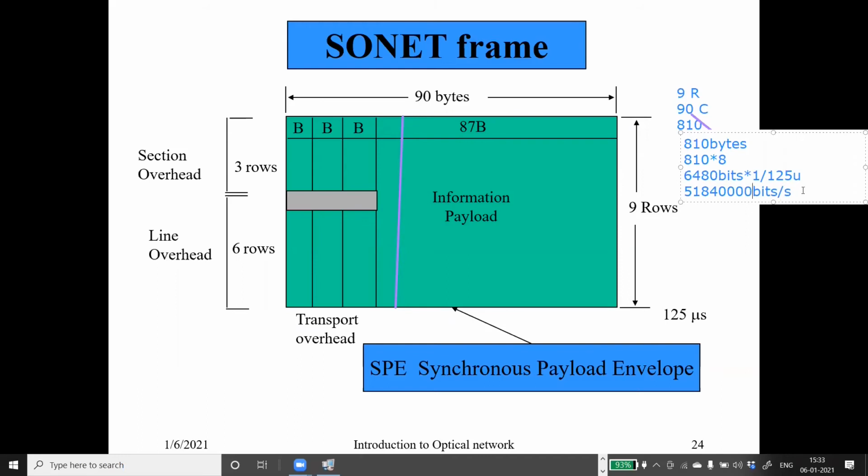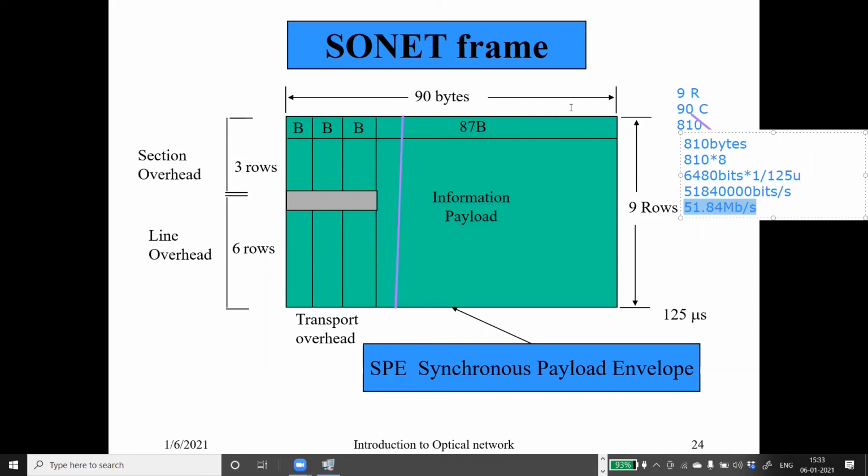Bits per second. So how much will this be? 1, 2, 3. So it will be 51.84 Mbps. Correct? So the base rate of SONET is 51.84.